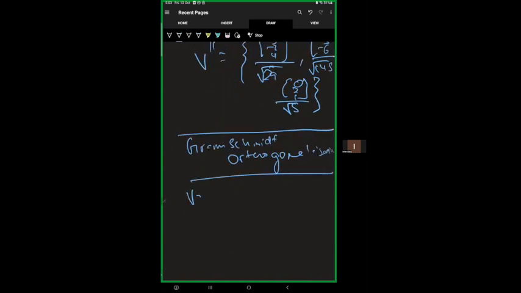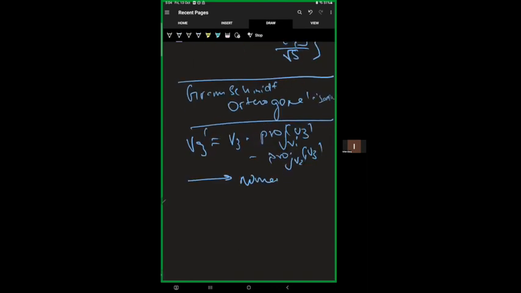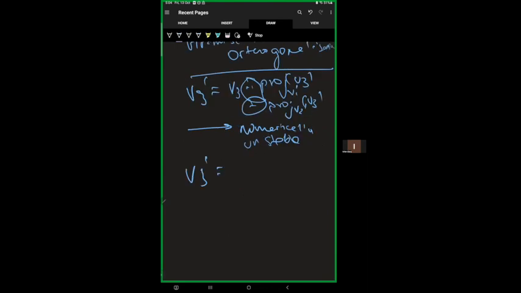Instead of calculating V3 dash as V3 minus projection of V3 along V1 dash minus projection of V3 along V2 dash, which represents the numerically unstable method, since the error magnifies at both subtractions, we could have instead calculated V3 dash at the first iteration by only calculating V3 minus projection of V3 along V1 dash.